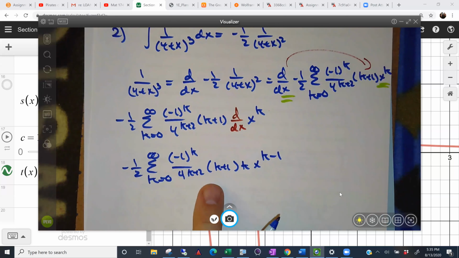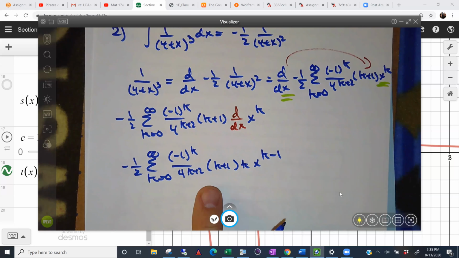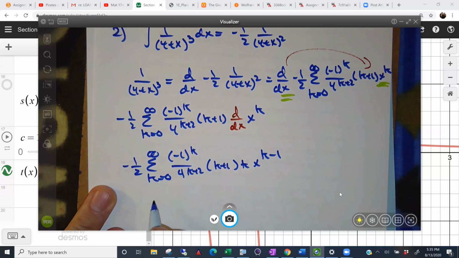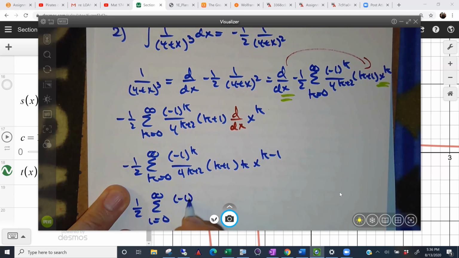And we played around with one just like this earlier, and you can relabel this to have a different index of summation and end up with this series: 1/2 the sum from i equals 0 to infinity of -1 to the i power over 4 to the i plus 3 power times i plus 2 times i plus 1 times x to the i power.